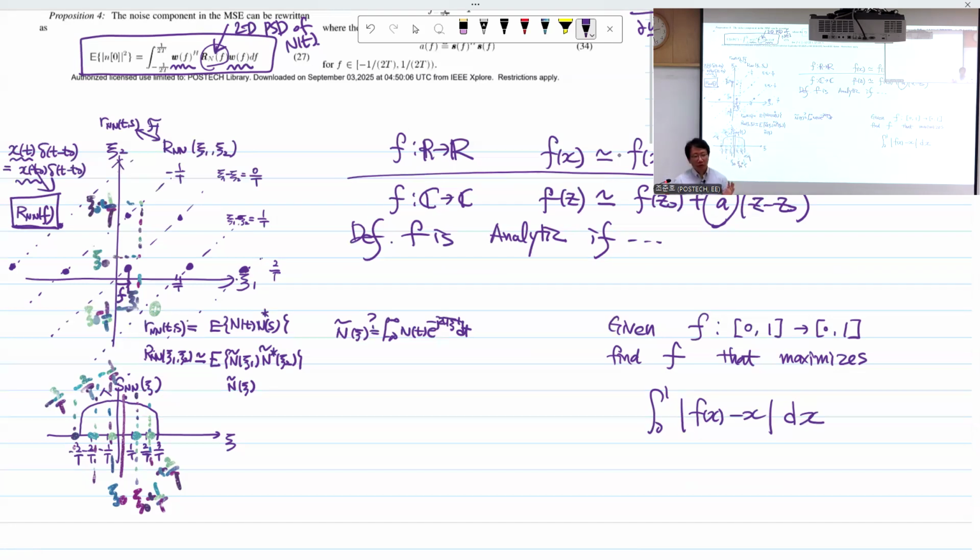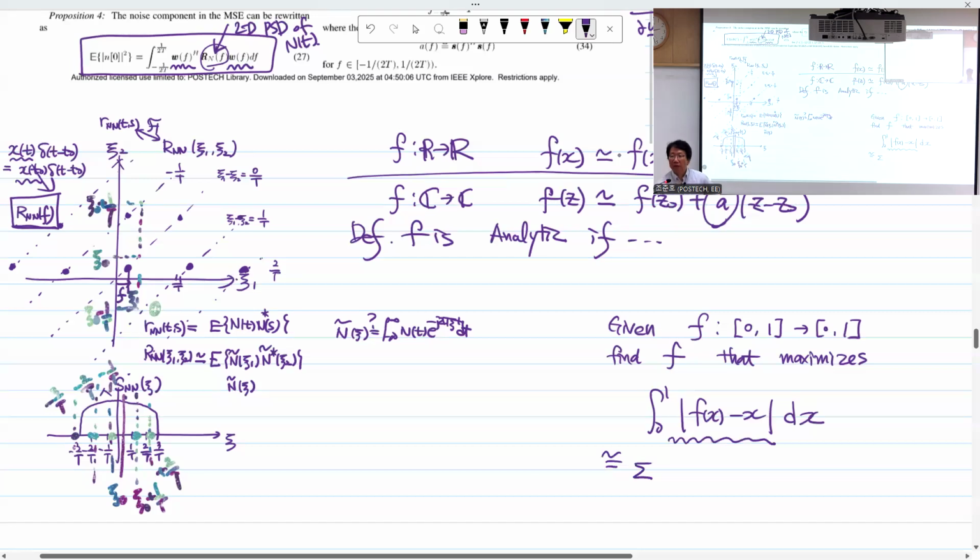So let me just tell you. Here, you view this as what? Summation of infinite, uncountably many terms, or approximately a summation of many terms. You may divide it into something like this, right? From k to k plus 1, with k from 0 to n minus 1.